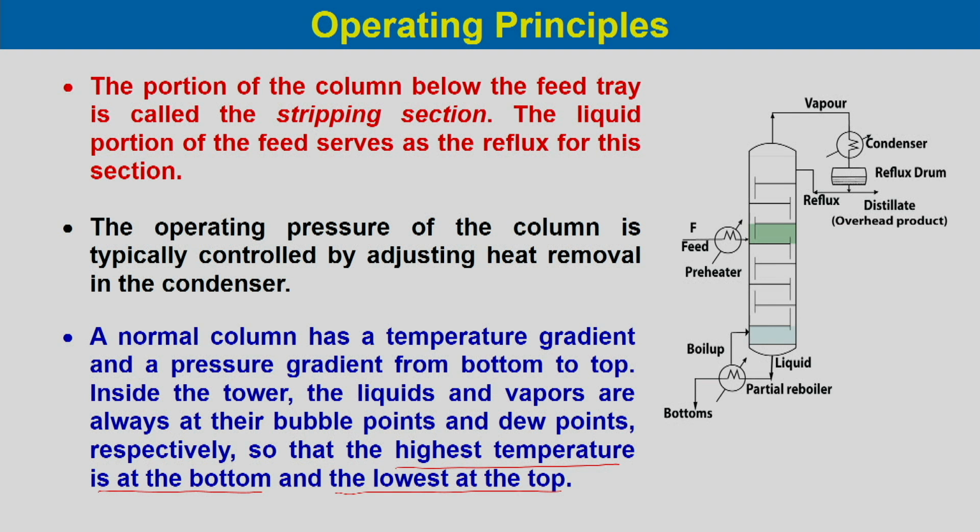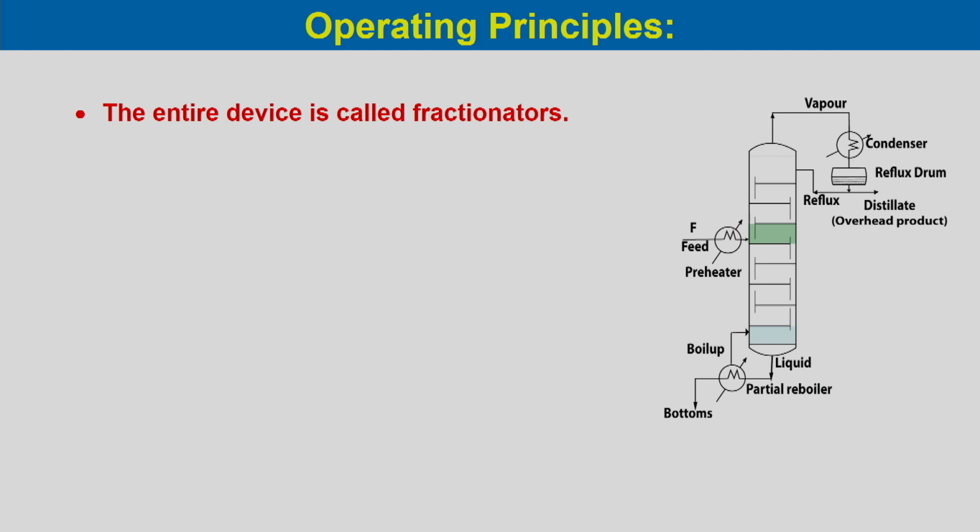There is a temperature gradient throughout the column, the bottom has the highest temperature and it gradually decreases, with the lowest temperature at the top of the tower. The entire device, including both the rectifying section and the stripping section, is called the fractionator.